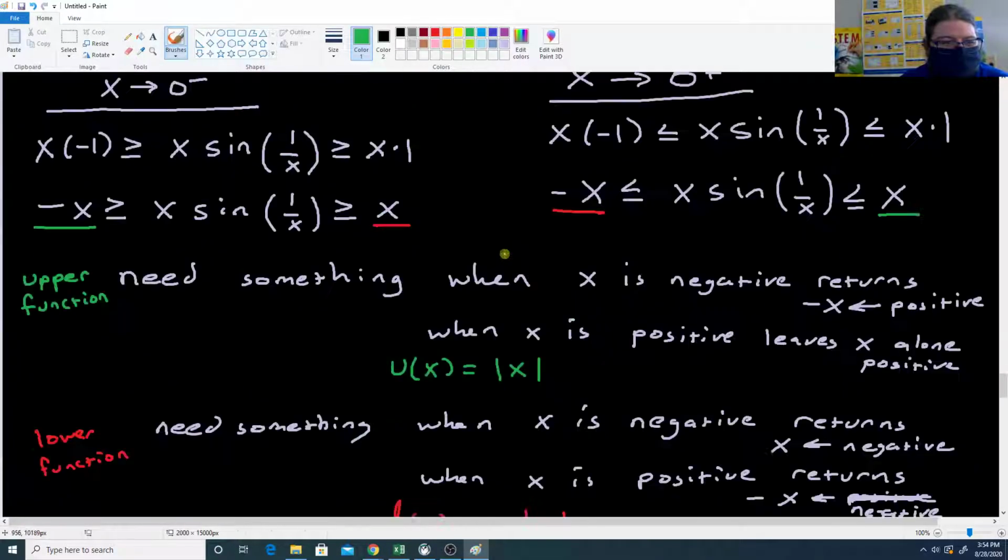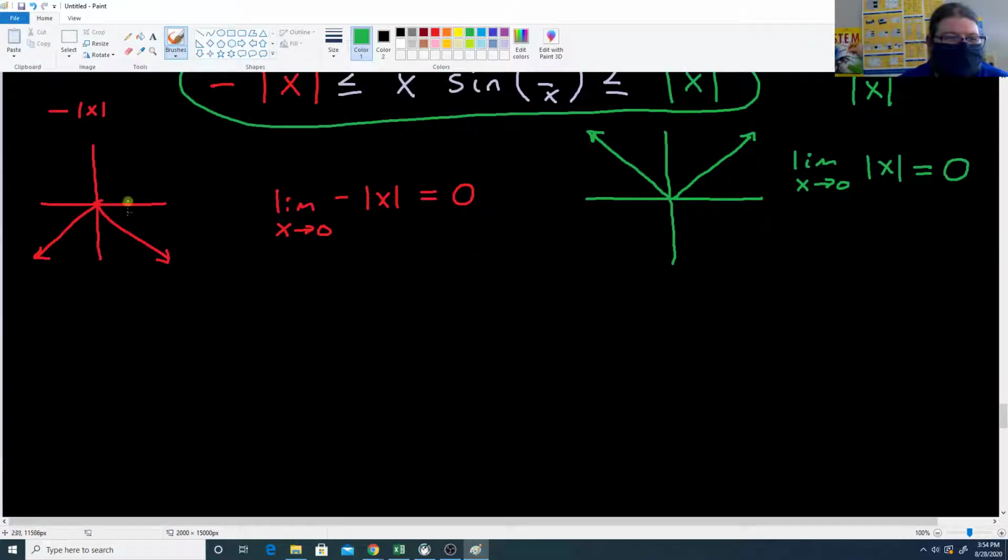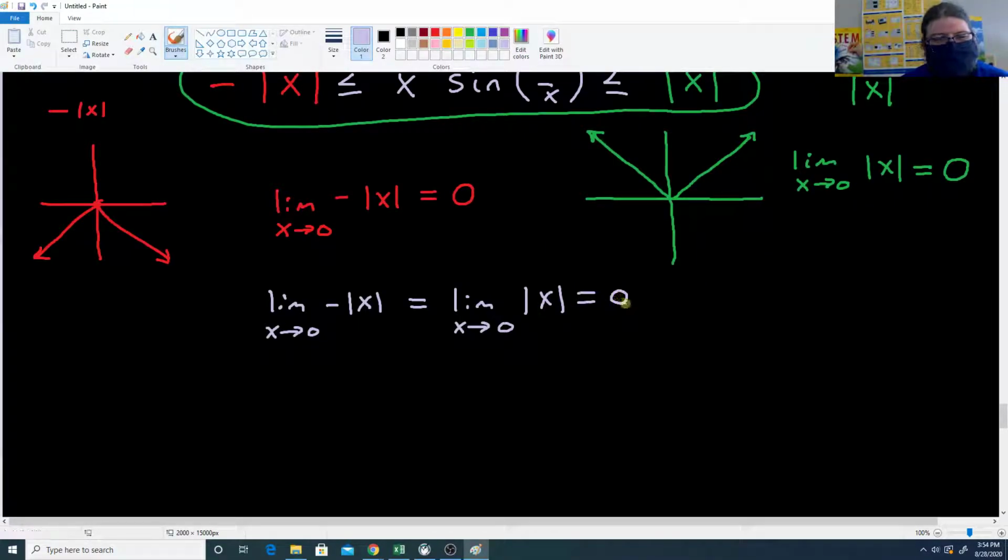So if we look down here, let me use a different color to wrap this up. The limit as x approaches 0 of negative absolute value, which equals 0, is equal to the limit as x approaches 0 of the positive absolute value, and they both equal 0. So that is the second part.